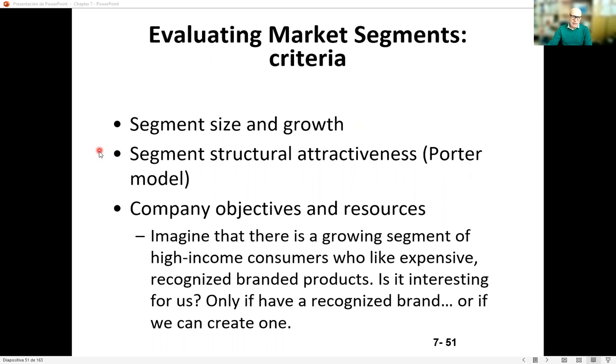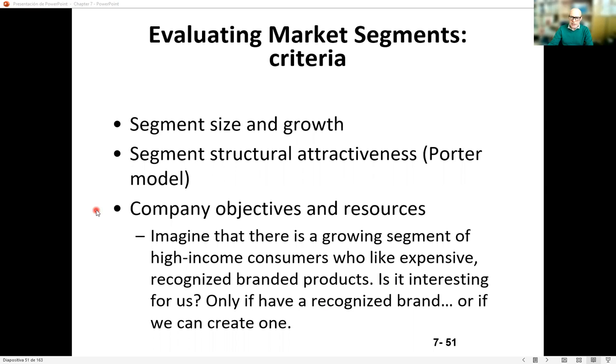Also, we could study the segment's structural attractiveness using a framework like the Porter model. You know that there are different competitive forces, and some segments of consumers can be more attractive than others depending on this. It's also very important to consider the company objectives and resources.